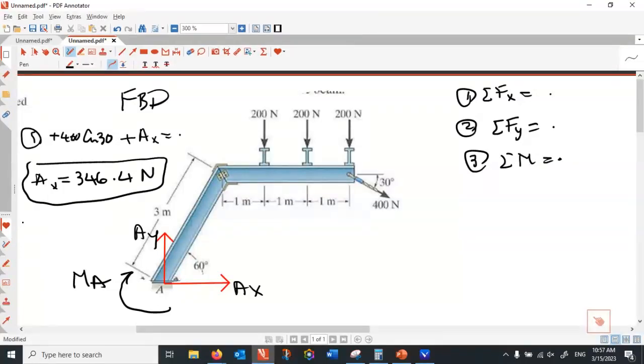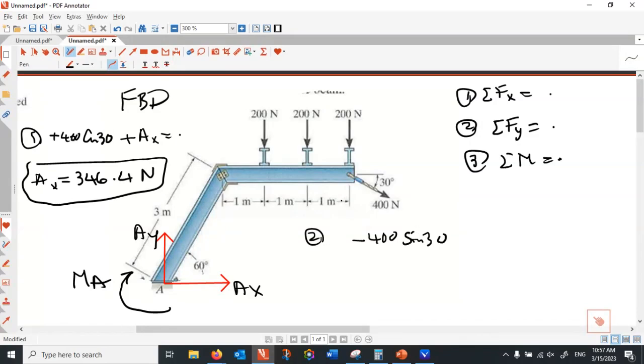All right, what is the next equation? Yeah, I think we can do the y, can't we? So if I do the second equation, that is 400 sine 30 in a negative direction. That is minus 400 sine 30.